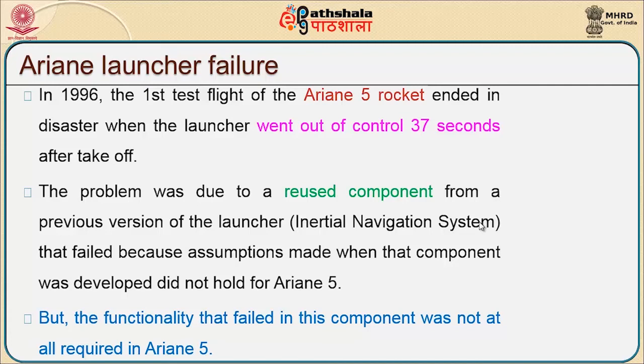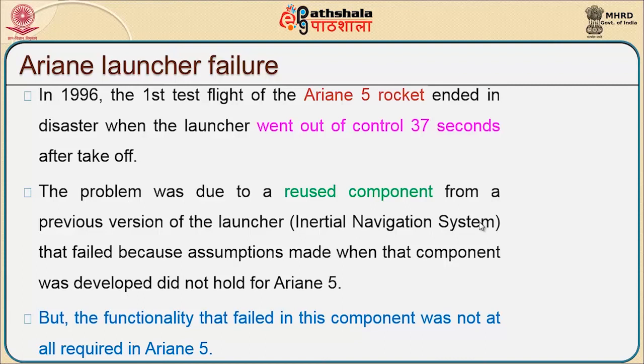The first test flight of the Ariane 5 rocket ended in a disaster when the launcher went out of control within 37 seconds after takeoff. The problem was due to a reused component from a previous version of the launcher. From the previous version of the launcher, they reused one of the components, which caused the failure.